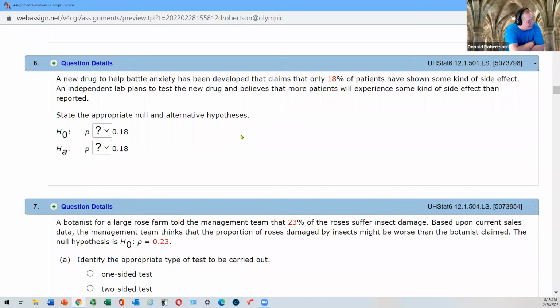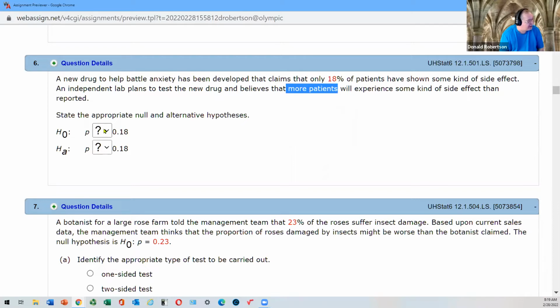A new drug to help battle anxiety has been developed that claims that only 18% of patients have shown some kind of side effect. Okay. Drug side effects. An independent lab plans to test this new drug, and they believe that it's more than that. See the more part? So between what they told me at the start and what I'm trying to prove, which is more than 18%, I should be able to set it up.